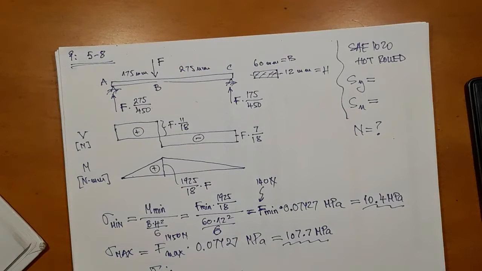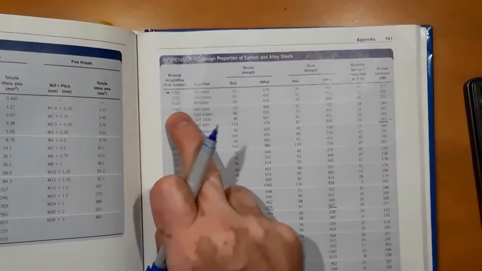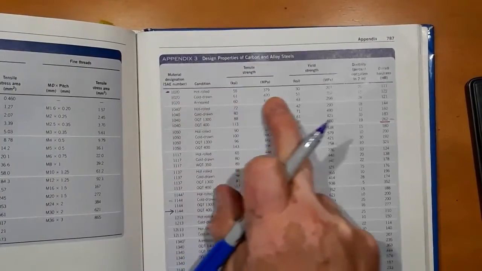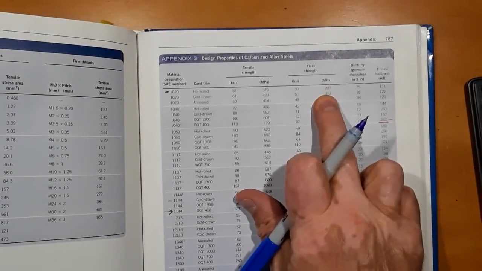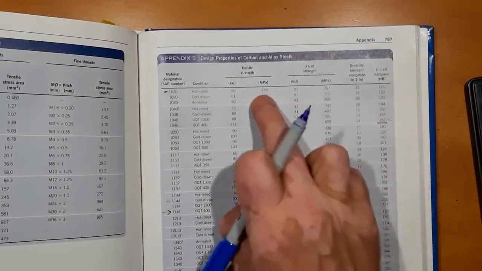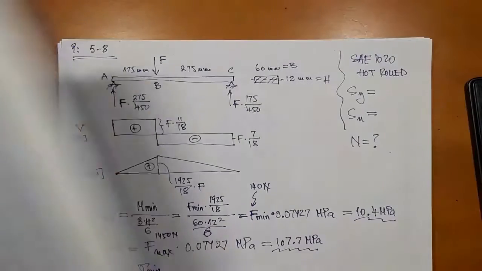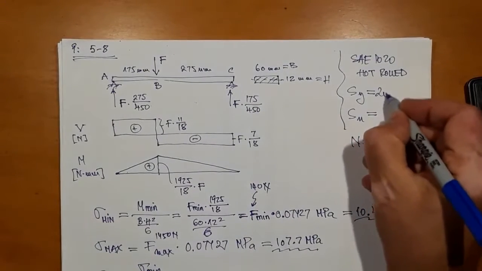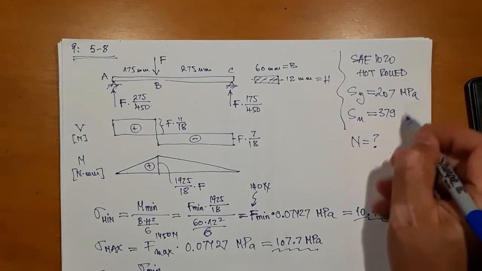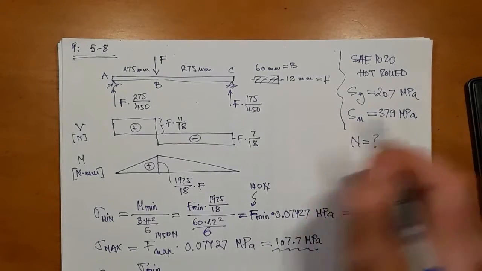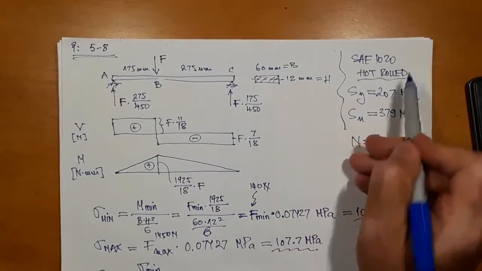We've been on that page before. Properties of design properties, carbon and alloy steels, and 1020 hot rolled is, we're working with megapascals, so it'll be 207 and 379 megapascals. And again, condition finish is hot roll.